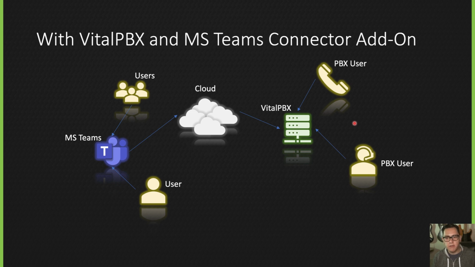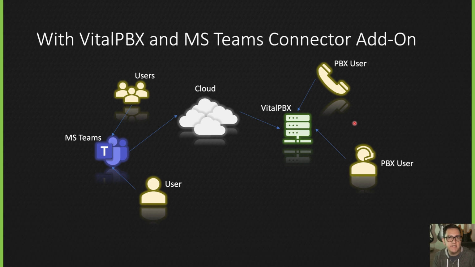So you can have everything from calling extension to extension, meaning you can have an extension number, a part of the numbering plan in Microsoft Teams, call an extension on VitalPBX directly, no intermediary. You can also have VitalPBX have your PSTN connection.